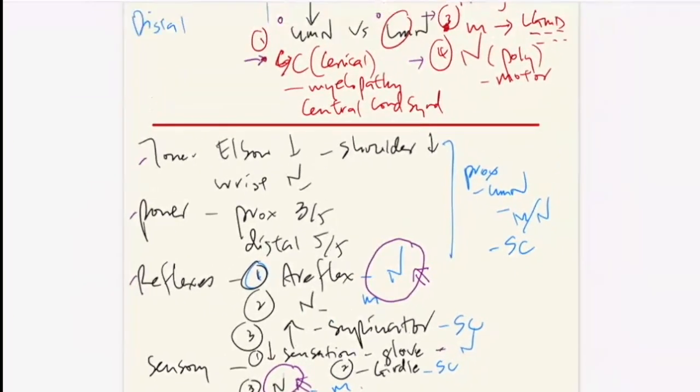So technically, in a conflicting finding like this, sometimes it can be because the findings are not correct. When we talk about areflexia here, it could be truly areflexic, which points towards peripheral neuropathy, or the reflexes are reduced, but we just didn't manage to elicit them. So it may be just reduced reflex, but not a true areflexia.